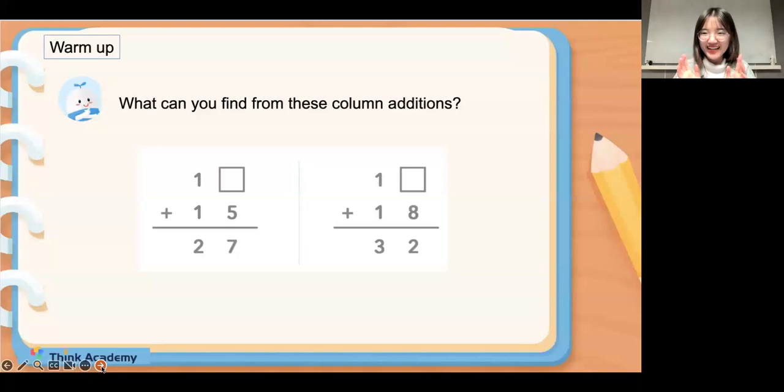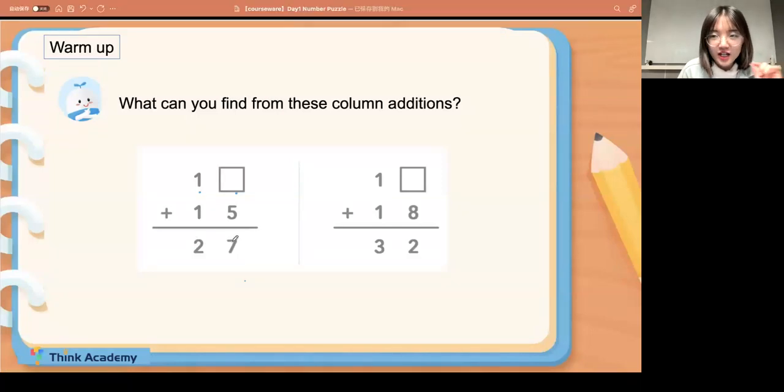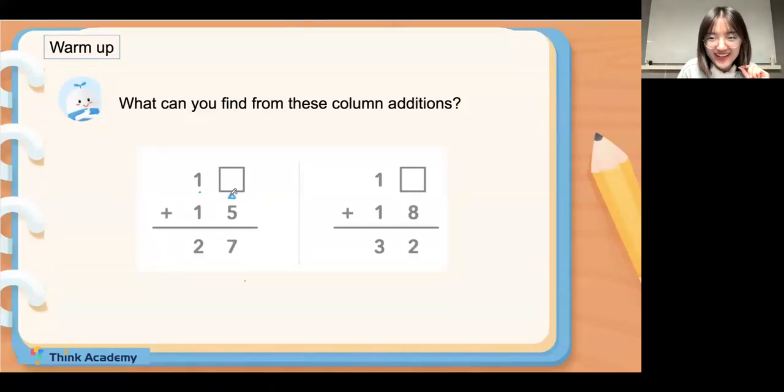So let's start from the first question. The first one: a number plus 15 equals 27. So which number can we put here? Can you type the answer in the chat box? It's 2, right? It's very easy for you.